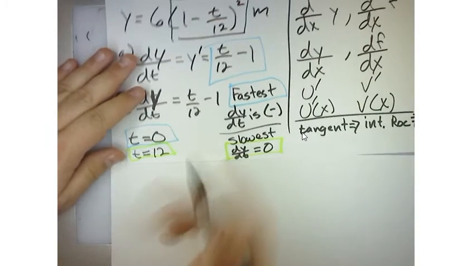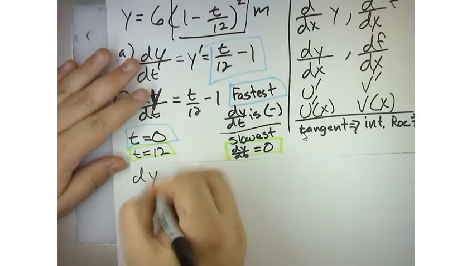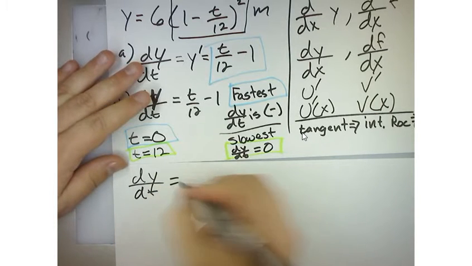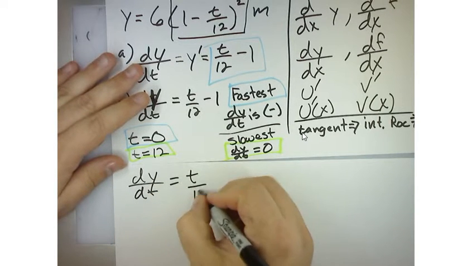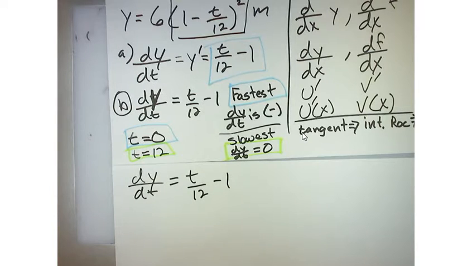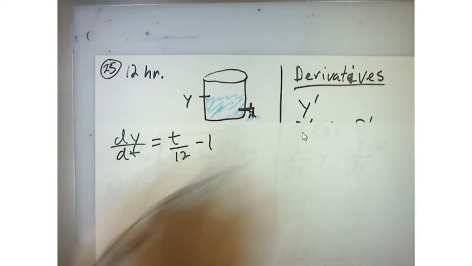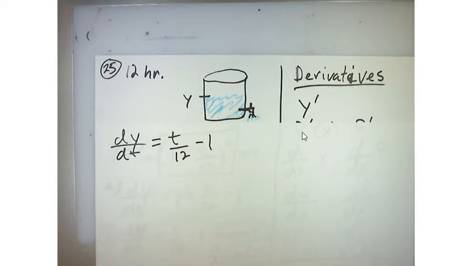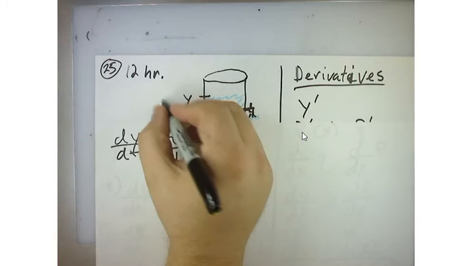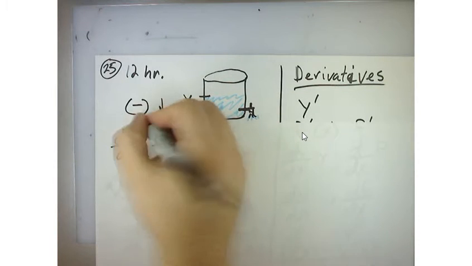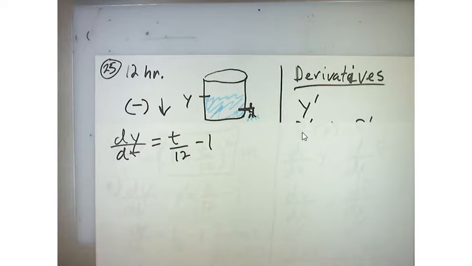dy/dt is t over 12 minus 1. Now we just said that we're talking about water draining out of this tank. That means the height is always going to decrease, so my rate of change should be negative, right?